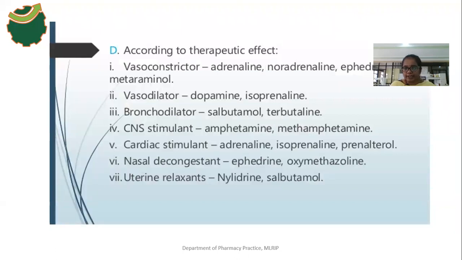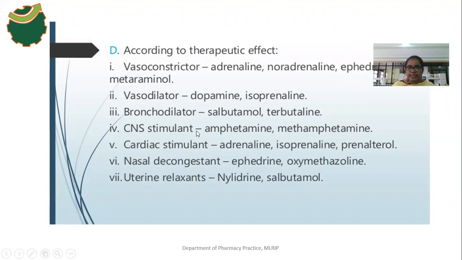According to the therapeutic effect: vasoconstrictors and vasodilators. Vasoconstrictor examples are adrenaline, noradrenaline, ephedrine, and metaraminol. Vasodilator examples are dopamine and isoprenaline. Bronchodilators are salbutamol and terbutaline.